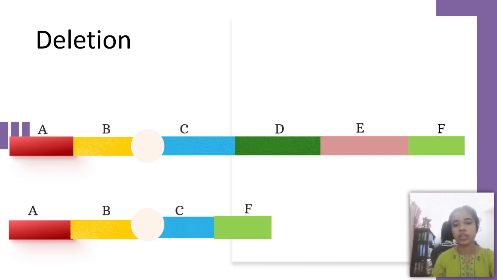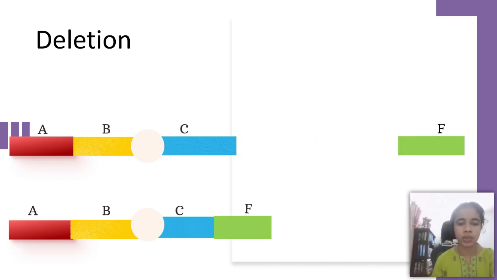Effects can include loss of important genes, which leads to reduced protein production, developmental delays or physical abnormalities, or genetic disorders like cri-du-chat, the 5p deletion. When genes go missing, their functions also vanish, and the body has to grow and work with incomplete instructions.